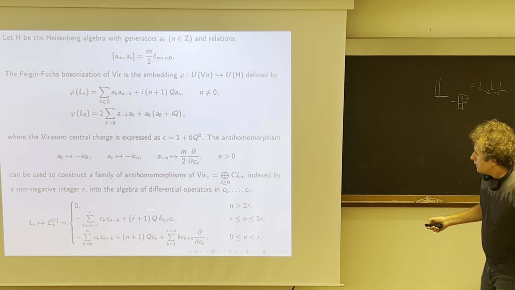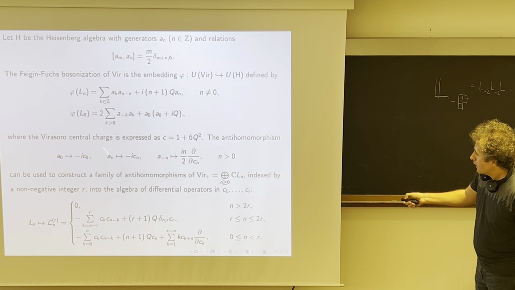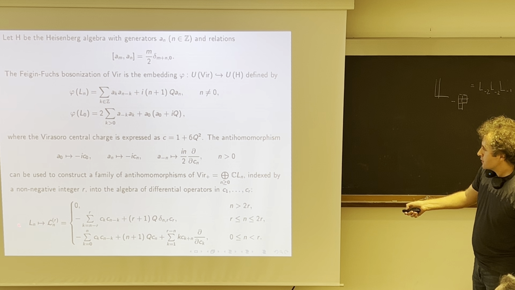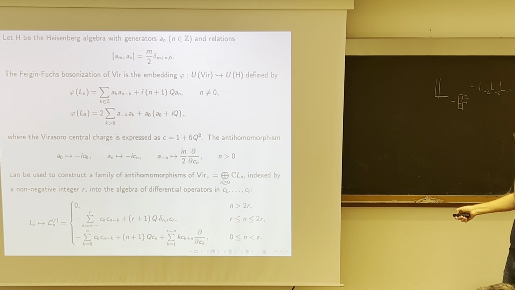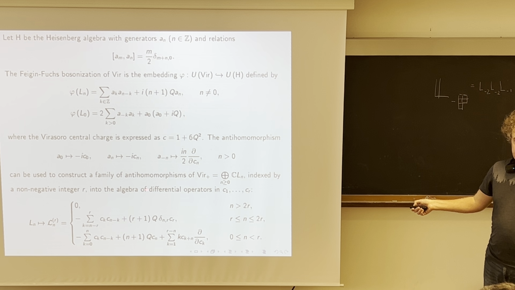And now, if you look at what it gives you after expressing the corresponding Virasoro generators, you see that exactly those generators with n between r and 2r are given by just some numbers.